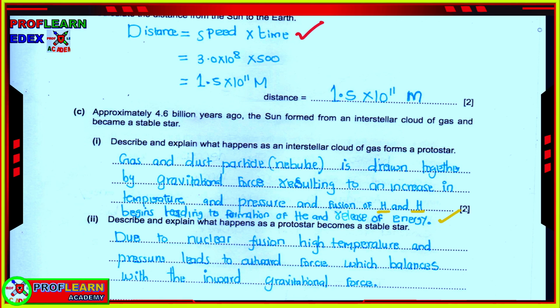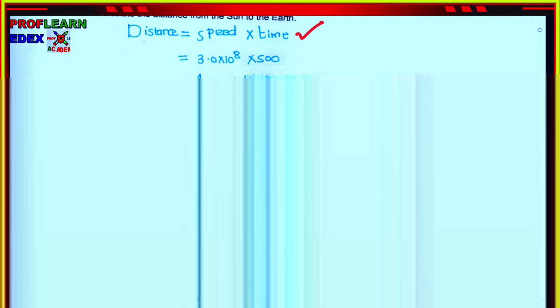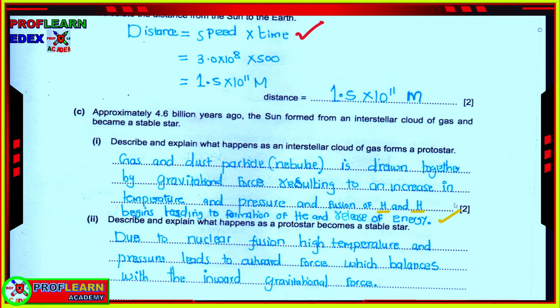So the source of energy from the sun is the fusion of hydrogen and hydrogen, leading to the formation of helium. But in the process, because this is a nuclear reaction, a lot of energy is released, even the one that we get to enjoy here on Earth.